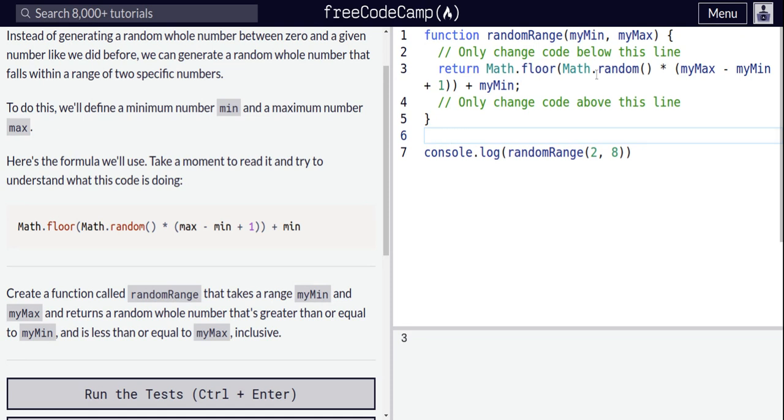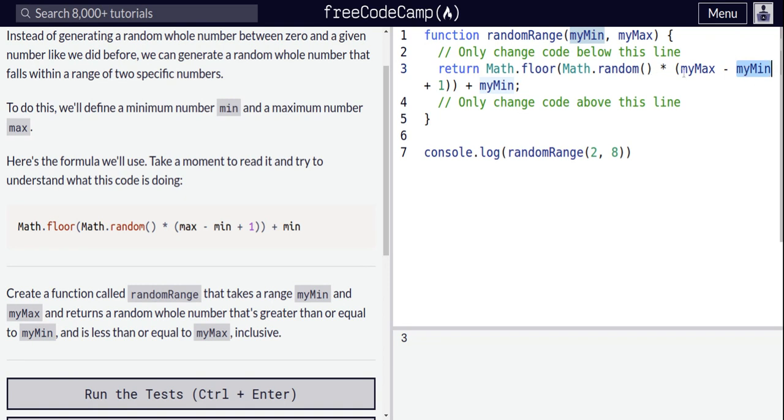I want us to take a closer look at this and see how it works. So Math.random generates a number between 0 and 1, 1 exclusive, and whatever it generates, it multiplies it by my max minus my min plus 1, which is like 8 minus 2 plus 1. 8 minus 2 is 6, plus 1 is 7.